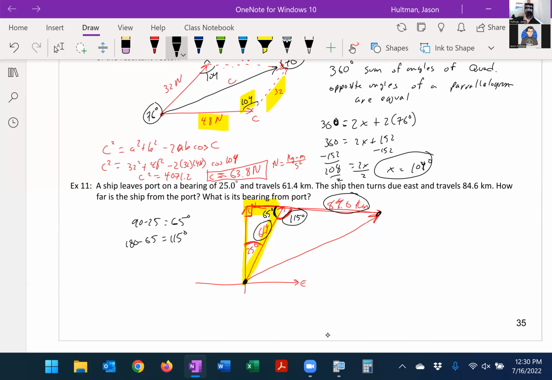Let's call this angle C, and we'll call that side C. So again, C squared is equal to A squared plus B squared minus 2AB cosine C. We get C squared is equal to 61.4 squared plus 84.6 squared minus 2 times 61.4 times 84.6 times the cosine of C, which is 104 degrees. Or sorry, no, 115 degrees, my bad.